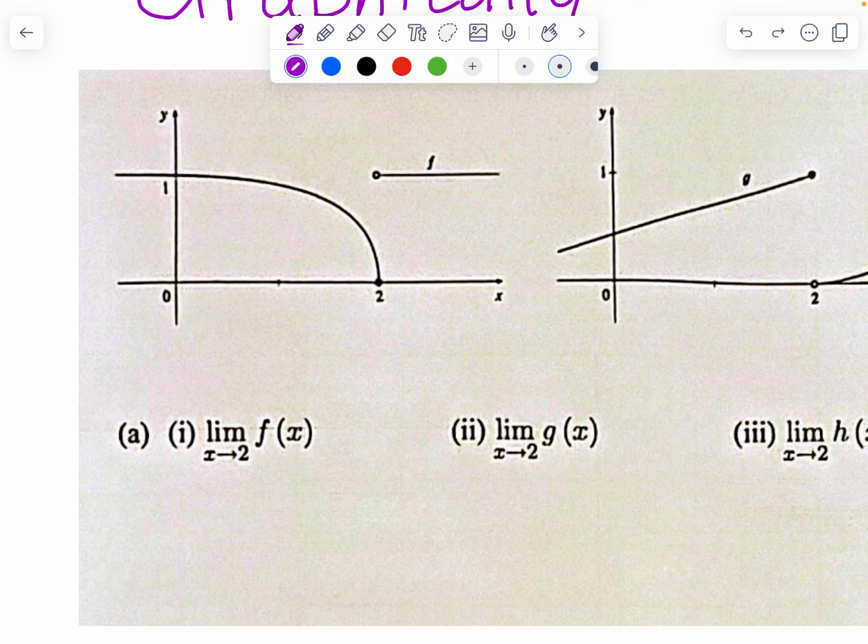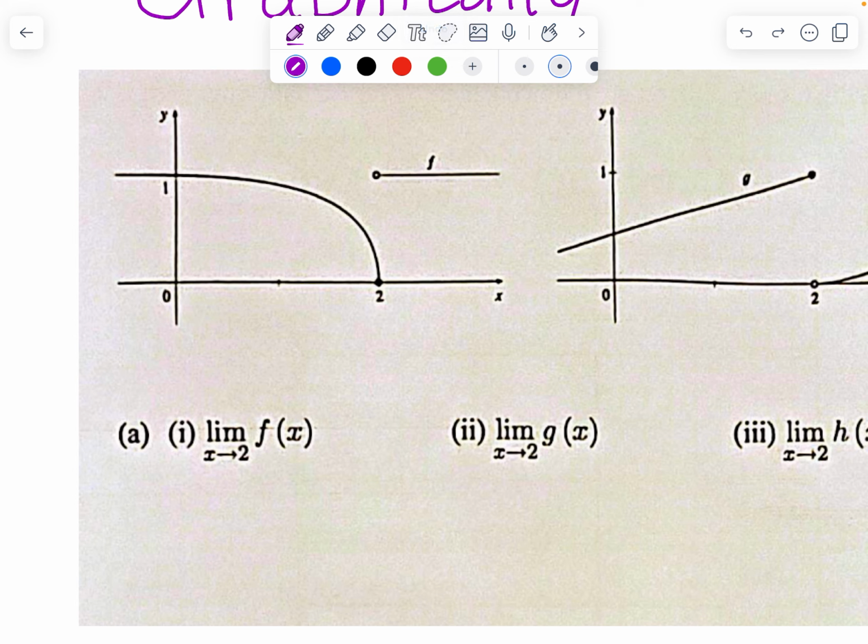So first of all, when it comes to solving the limit, we want to first identify where x is. So x is 2. And now remember, as the graph approaches 2, where is the y value? Notice how, unlike the linear function where we only have one point, we can see there are 2 points.